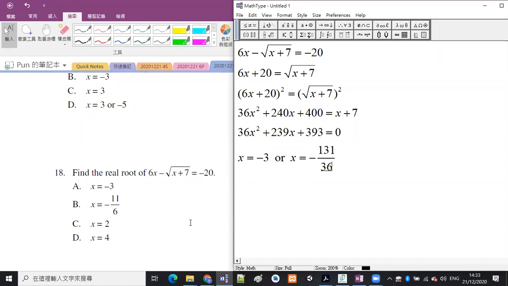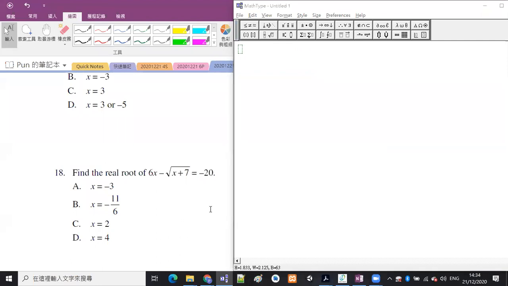Yes, okay. But one of them should be rejected, okay? So you need to put it back to the original equation to see which one should be rejected. Let's see which one will make the left-hand side equal to the right-hand side. So x is -3 should be okay, but this one should be rejected. So the answer is option A.